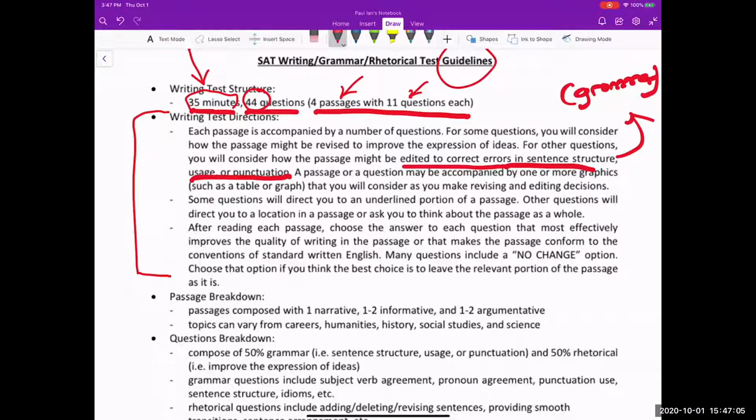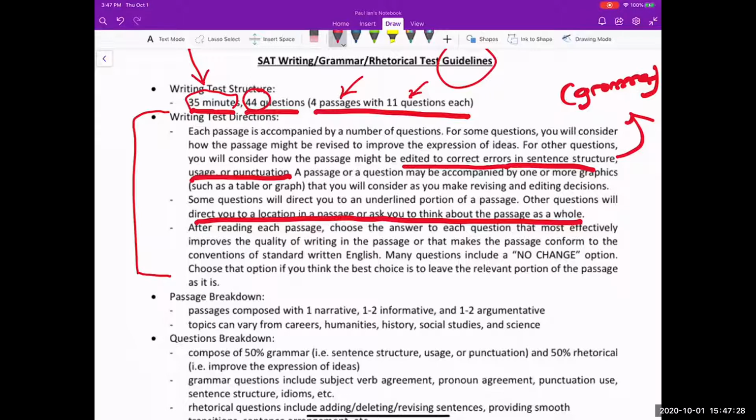And then you also have these, which direct you to a location or ask you to think about a passage as a whole. Sometimes when they ask you a question like that, it's kind of like reading comprehension in a sense, but it's not as hard. It's more like, does this sentence belong here?